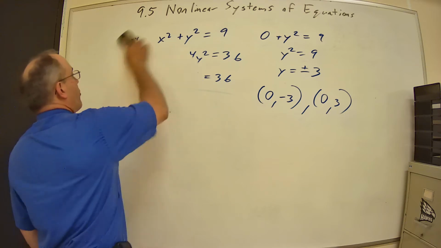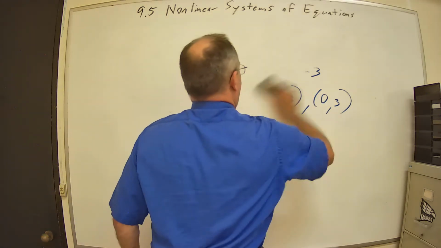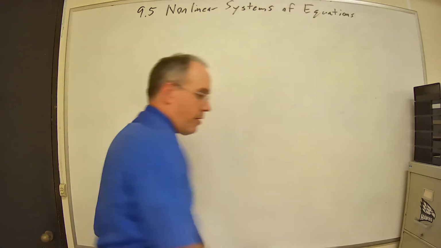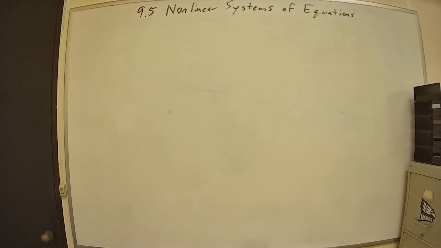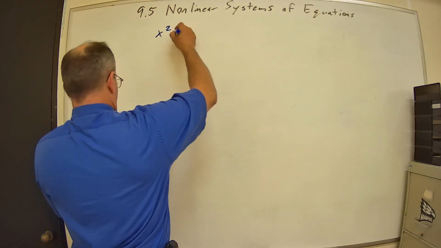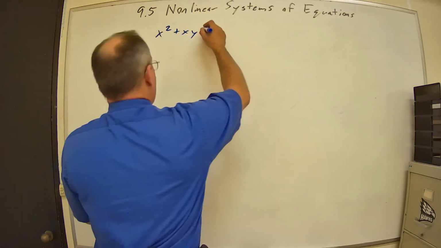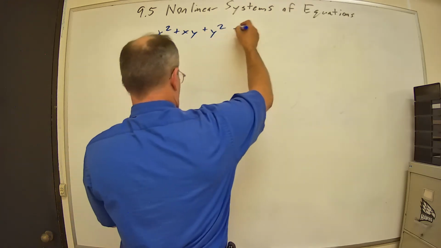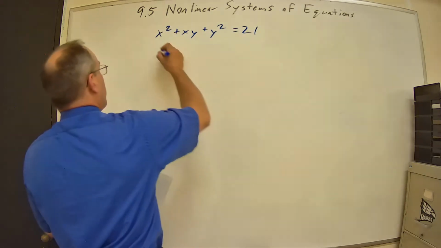Now let's look at one where we have to kind of combine methods a bit and really play with it. X squared plus xy plus y squared is equal to 21.